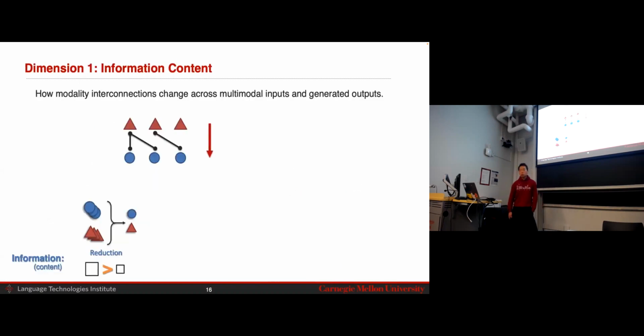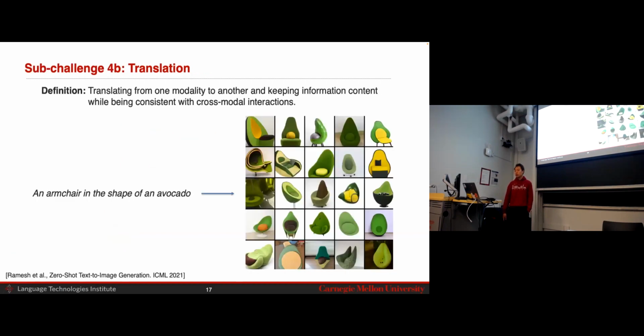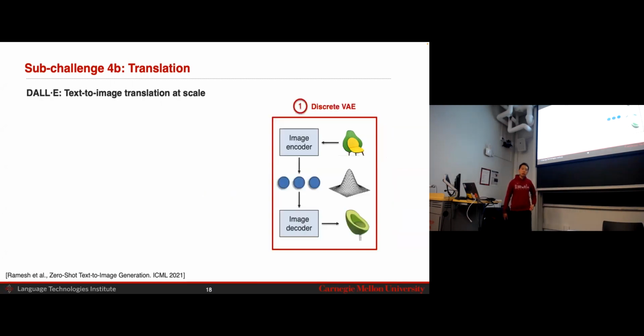So in the second case, where you're trying to maintain information content, the classic example is translation. And you've probably seen some of these cool examples from DALL-E where you can take in a description and generate diverse images based on the description, even though the description may seem nonsensical, right? So how these methods typically work at a very high level, we're going to talk about the details later into the lecture.